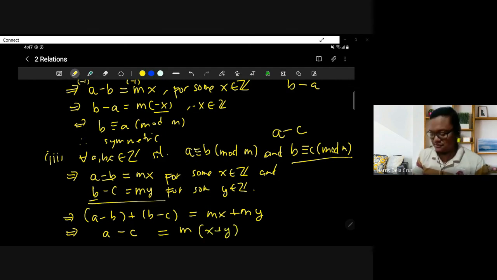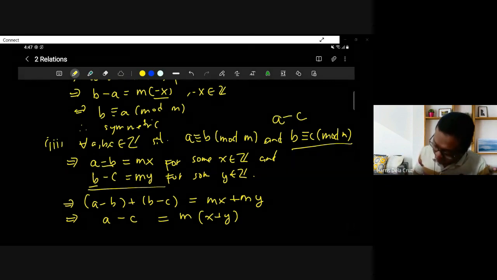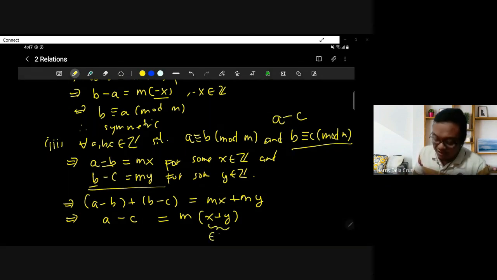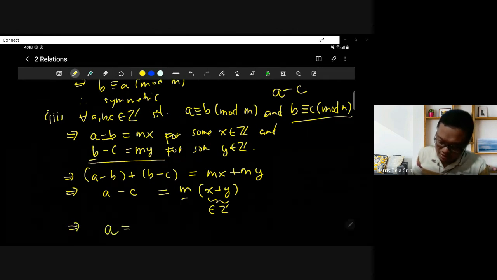Pag ang X ay integer at ang Y ay integer, syempre yung sum niya, integer pa din. Ibig sabihin, meron kang A minus C equals M times integer. Kung ano man yung integer na yon, hindi na importante. Ang mahalaga, M times integer ang lumabas. Then we can write this as A congruent to C modulo M.